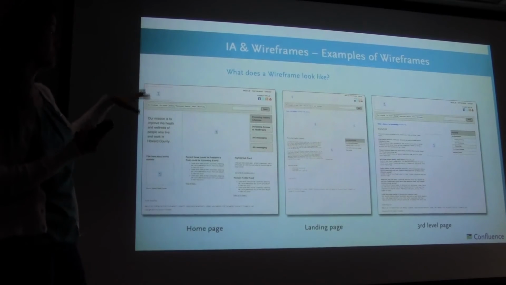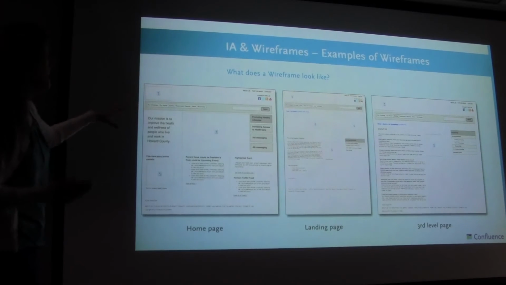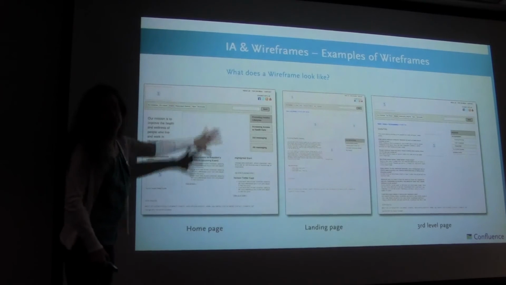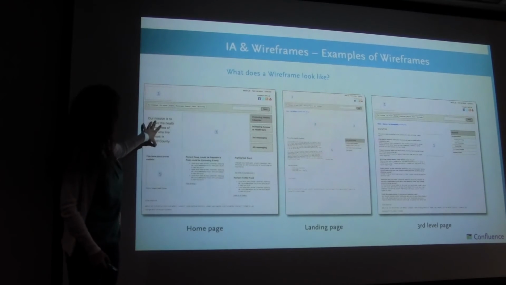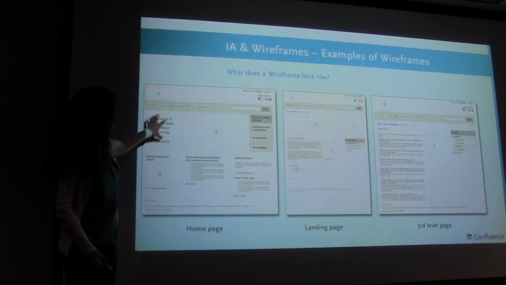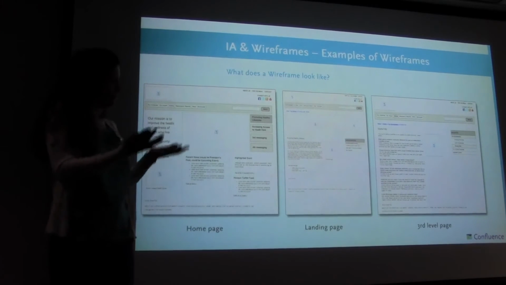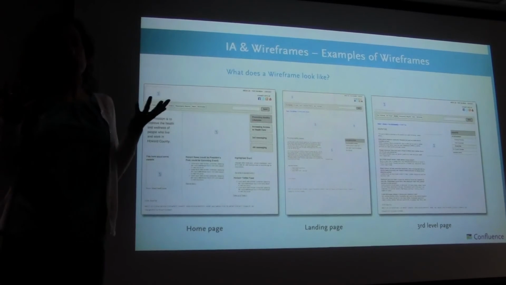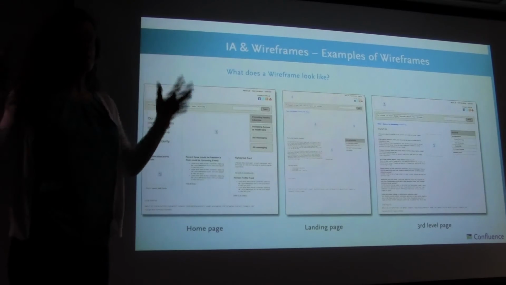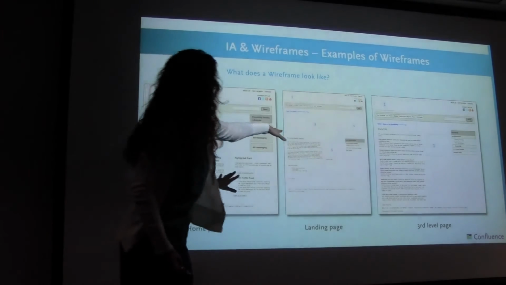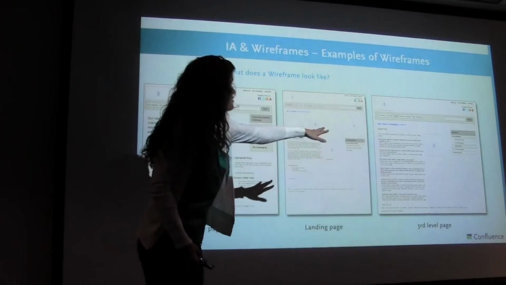And I'm going to show you what this design ended up looking like. And you'll see that it really doesn't look very much like this. It doesn't have this mission content here. It doesn't necessarily look like this, but it forms this underlying structure that the design can lay over. So this is a main section landing page, third level page.